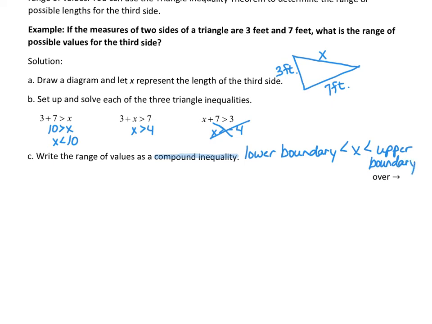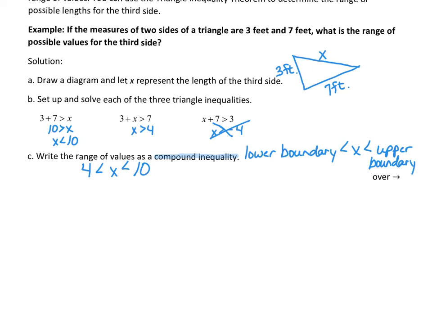Another way we say that is that x is between 4 and 10. So writing our range of values, 4 is our lower boundary, so 4 is less than x, which is less than 10, 10 being the upper boundary.